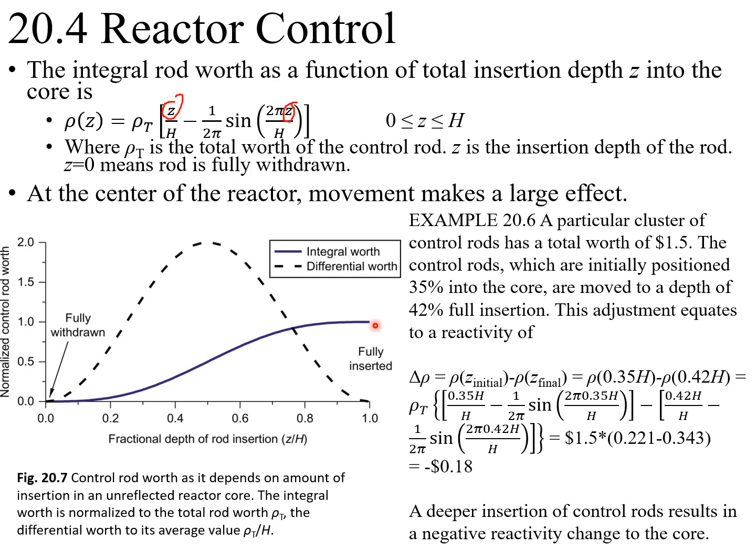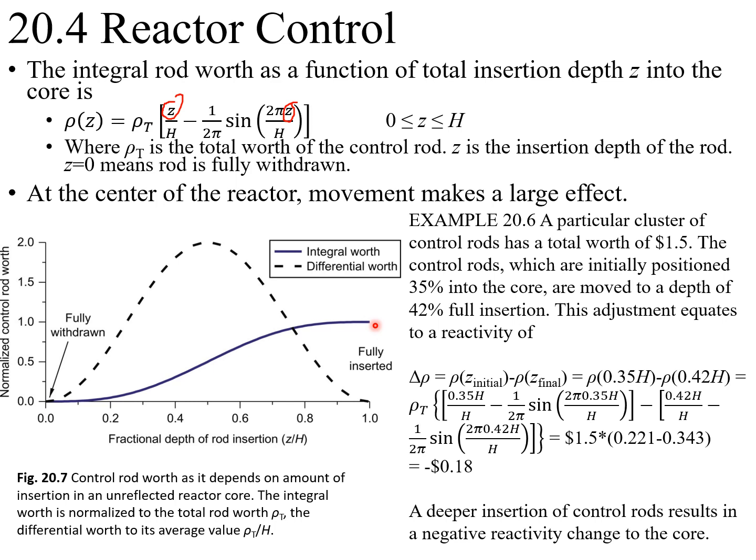Now let's look at this example, 20.6. So we have a cluster of control rods. It has a total worth of $1.5. Yeah, $1.5. And the control rods, which are initially positioned 35% into the core, are moved to a depth of 42% of the full insertion. We'd like to calculate how much reactivity was introduced by this movement.